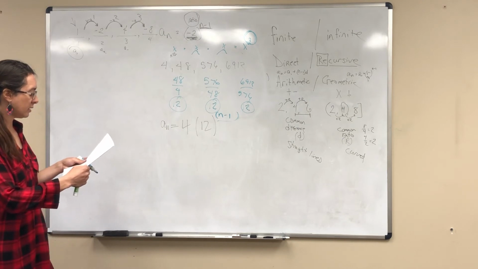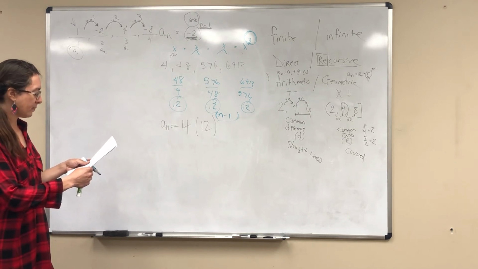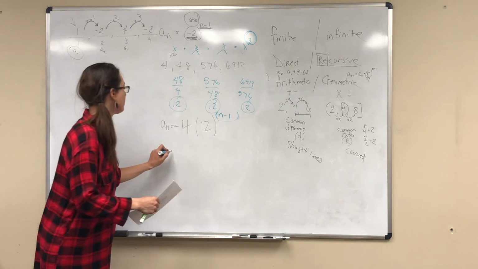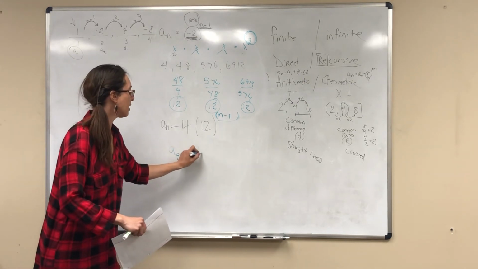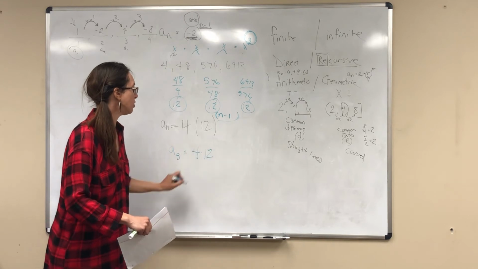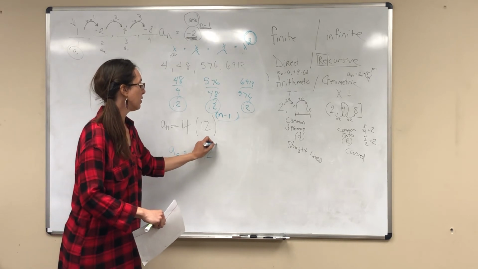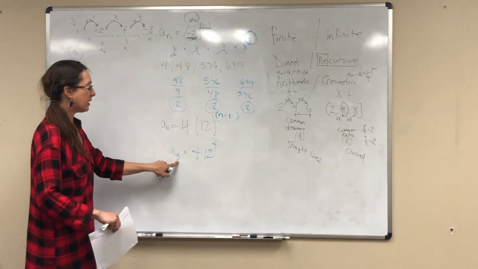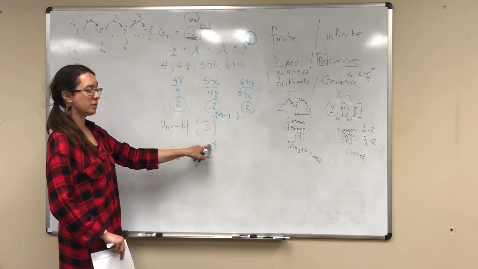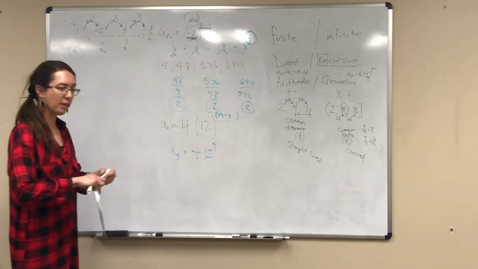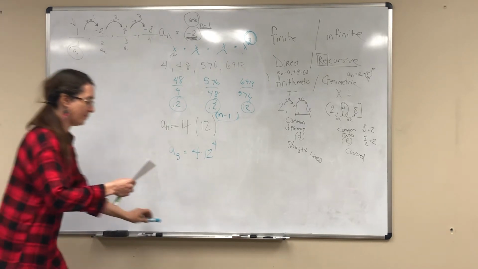So say we wanted to find the fifth term. We would do 4 times 12 to the fourth. So I'm going to find the fifth term, so I'm going to jump 4 times, and then you would figure that out. A big number. It's like 10,000 right now.